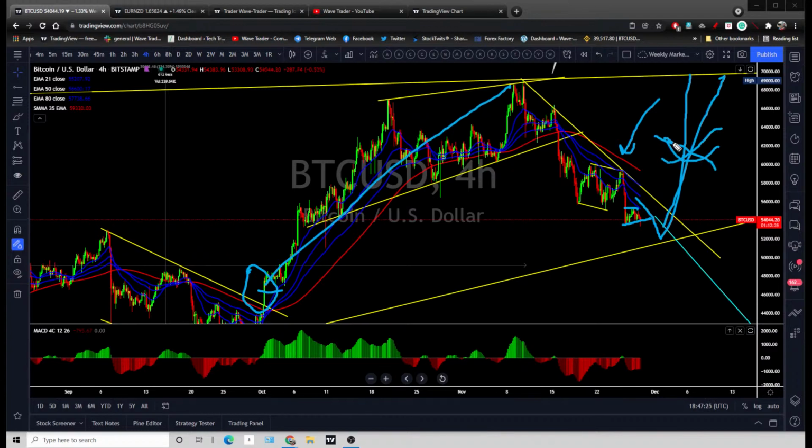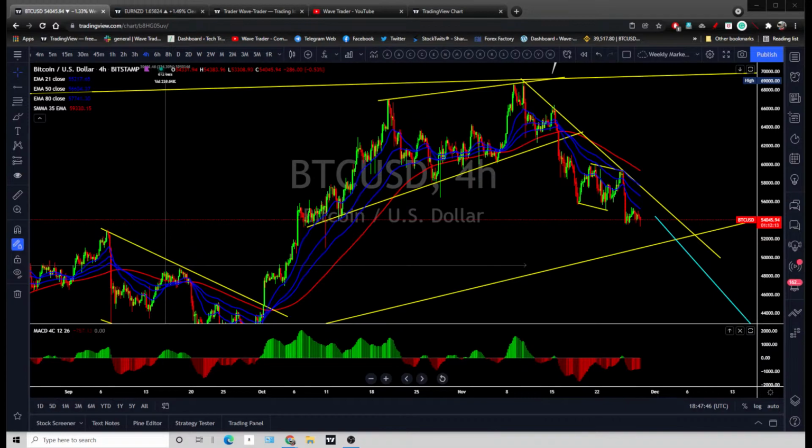I might be wrong on Bitcoin, but I'm not expecting that. I need to see fundamentals develop first for Bitcoin to keep pushing higher. As I have shown you, there is more downside on the stock market. If that happens, this is not going to rise. This will continue to drag lower.